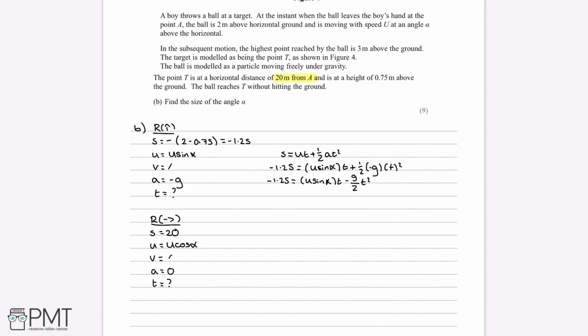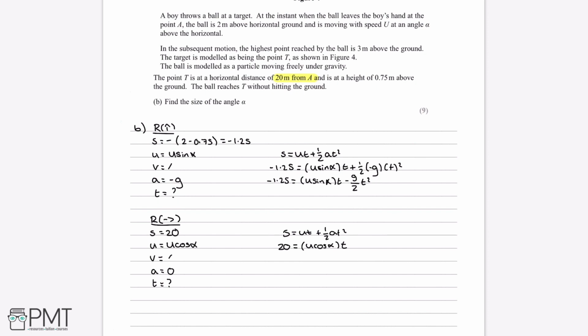So again, the only equation that doesn't have v in it is s is equal to ut plus half at squared. So this time, if we substitute in the values we have 20 is equal to u cos alpha multiplied by t, but this time it's plus a half times 0 times t squared. So anything multiplied by 0 is 0, so this is as far as we can take this equation.